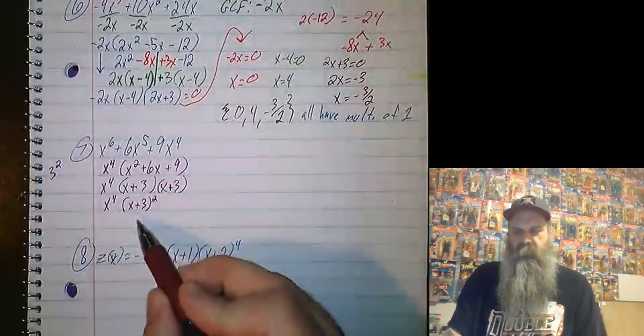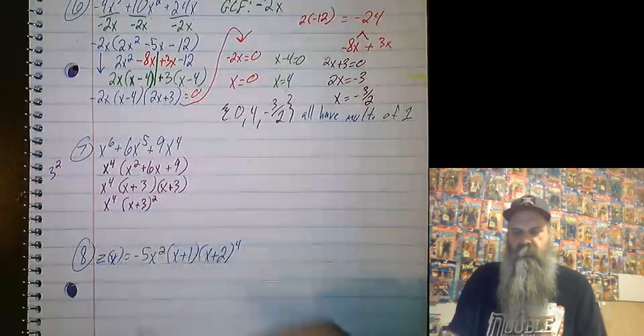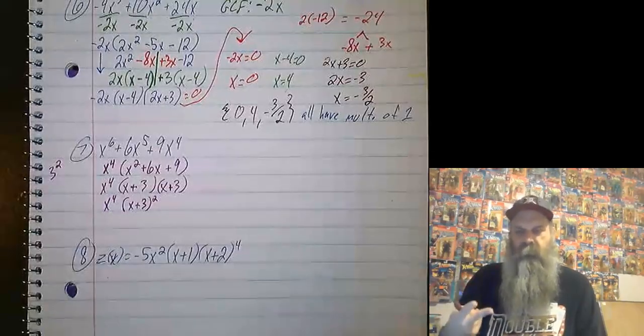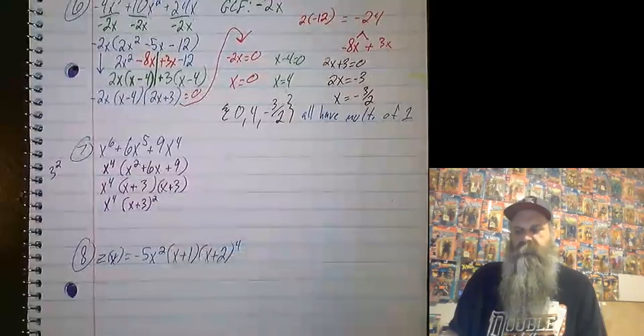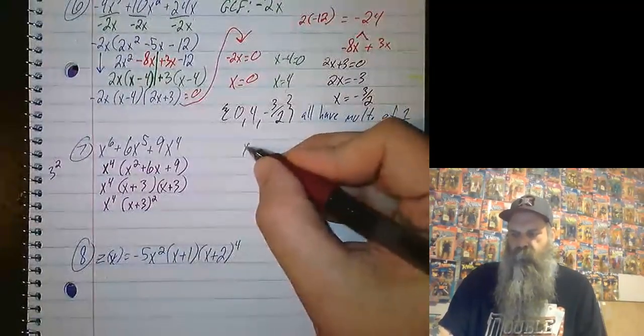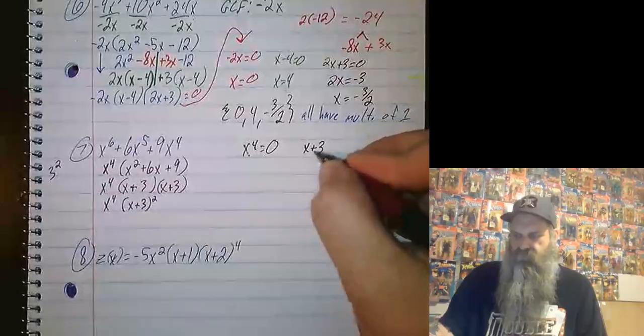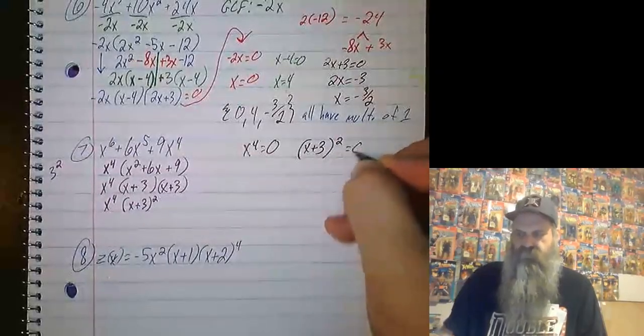So now we get a solution of x equals negative 3, and that's happening twice. So we have x to the 4th equals 0, and x plus 3 squared equals 0.